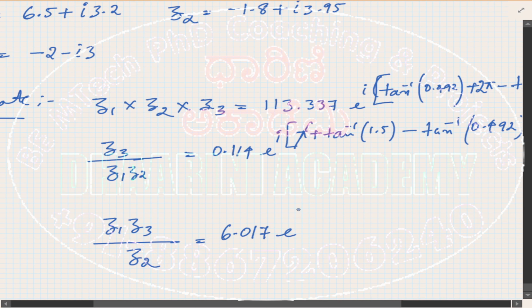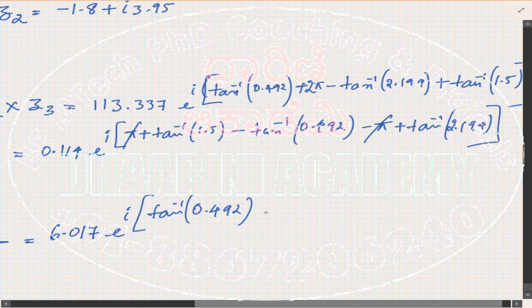6.017 into e to the i, 0.492, pi plus this is tan inverse 1.5.